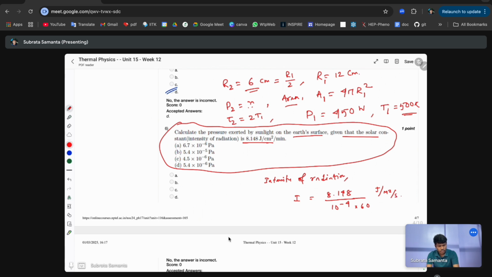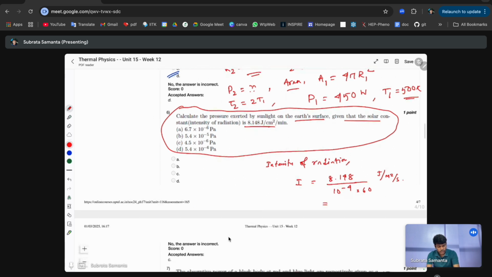That means it's basically watt per meter square. So basically 8.148 times 10 to the power 4 over 60, watt per meter square.